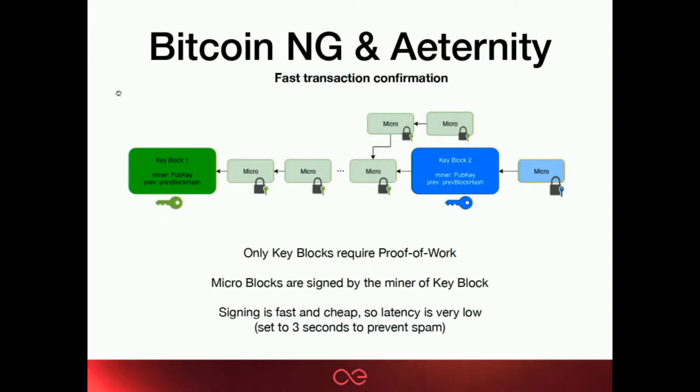We just mine so-called key blocks. These are the colorful rectangles. The only important thing in a key block is the public key of a miner. When he becomes a miner, he also becomes a leader that can dispatch transactions verified by him and signed by him.